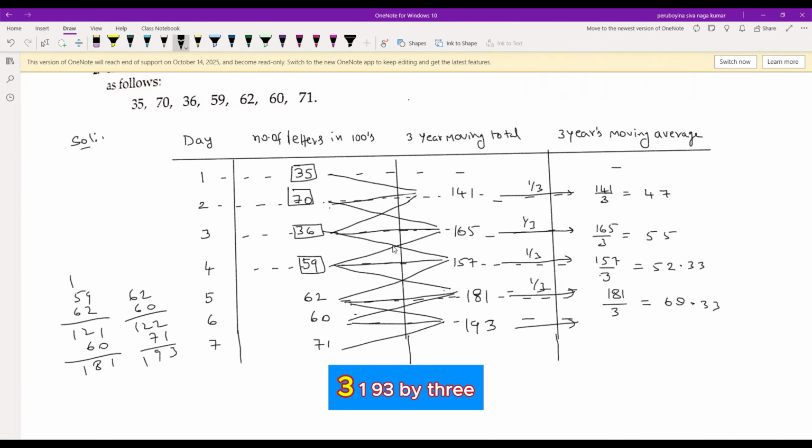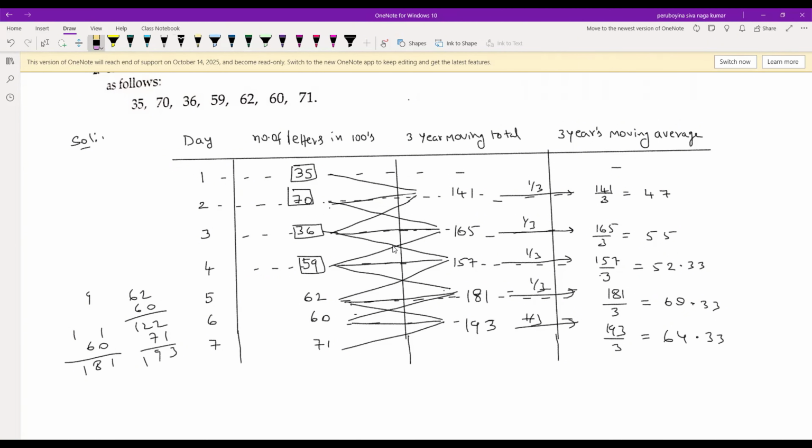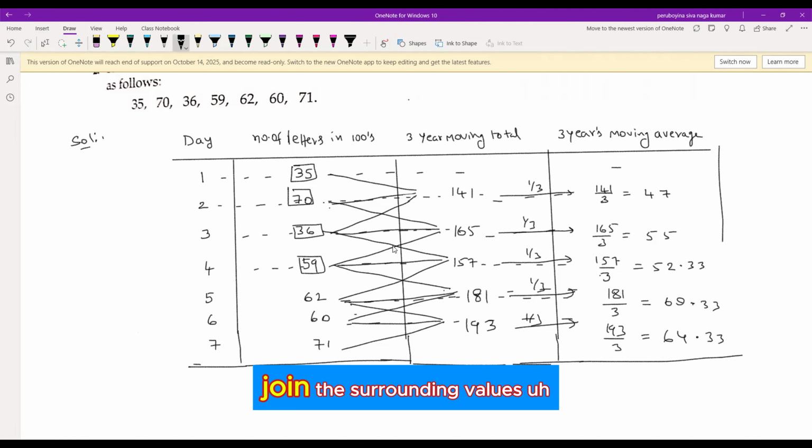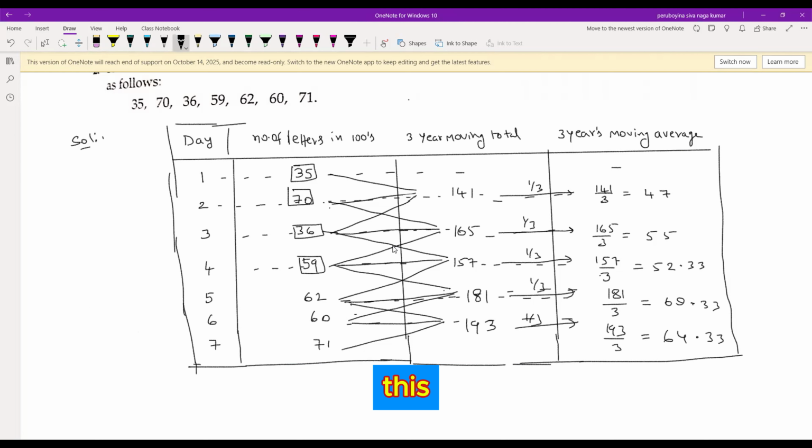And now divide by 3. 193 by 3. 6 3s are 18, 4 3s are 12, 1 left, so 64.33. So these are the moving average values. You should do the rough work. This is the table. Finish the table. Join the surrounding values; you should not leave it like this.